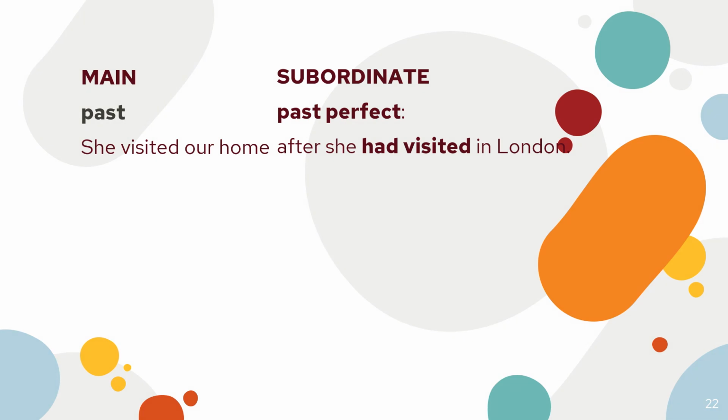If the subordinate clause is in the past perfect tense, then it means the action described in the subordinate clause happened first, and the action in the main clause happened second.